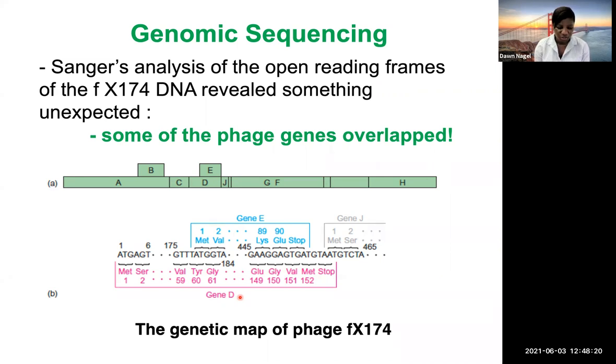But what he also found was that you had these genes that are overlapping somehow, okay? And they're present, and you can identify, if you look in a different frame, do you encode a different gene, okay? And that's exactly what this sequencing the whole genome enables you to do, right?